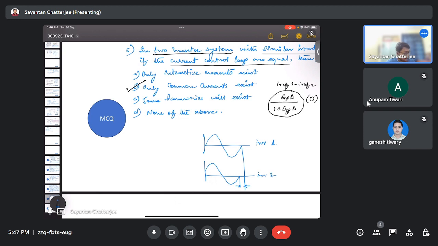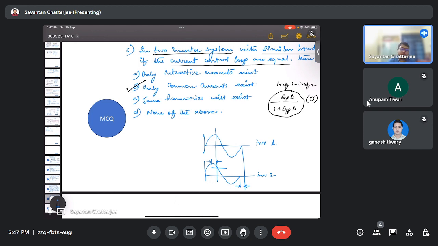When one has a peak, the other doesn't have a peak, so it is a bit deviated from the peak. So this much deviation would lead to a circulating current that would flow from one inverter to the other inverter. So that's the interactive current.